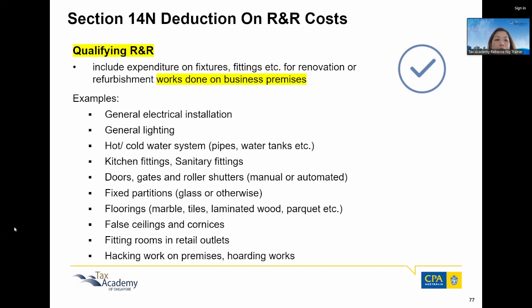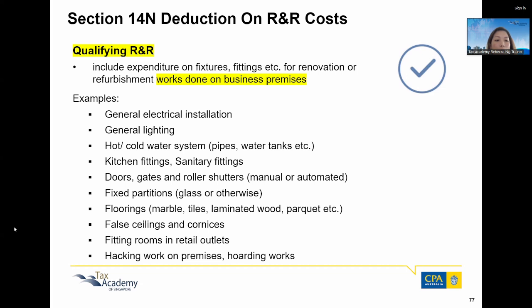Okay, and these are the expenses that is allowable, qualifying renovation and refurbishment qualifying expenditure. Okay, general electrical installation, general lighting, hot and cold water system, kitchen fittings, sanitary fittings, doors, gates, roller shutters, fixed partition, glass or otherwise.